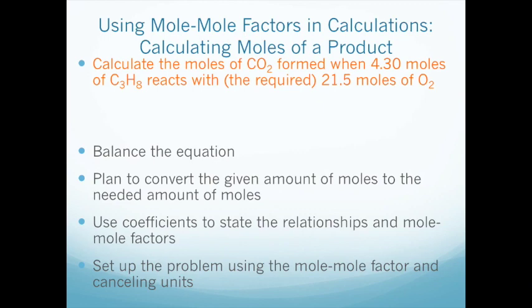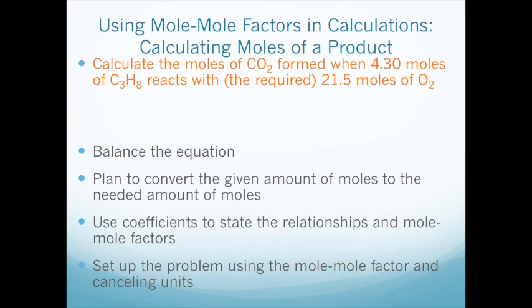So, how many moles of CO2 are formed when 4.3 moles of C3H8, or propane, reacts with the required 21.5 moles of oxygen gas? We'll start by balancing the equation, then we'll make a plan to convert the given amount of moles to the needed amount of moles.